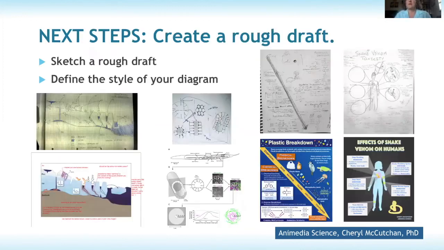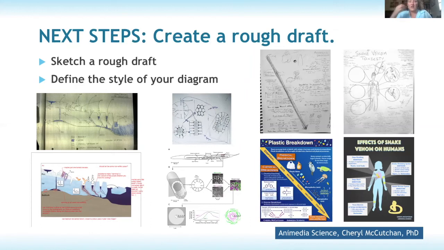My next step, after I have that basic overall design of my research diagram, is that I normally will draw a rough draft that has some of the illustrations and important text I want in. You don't necessarily have to do that step.